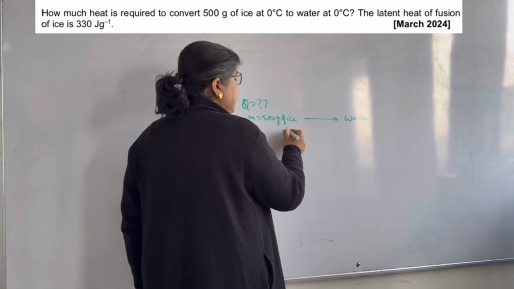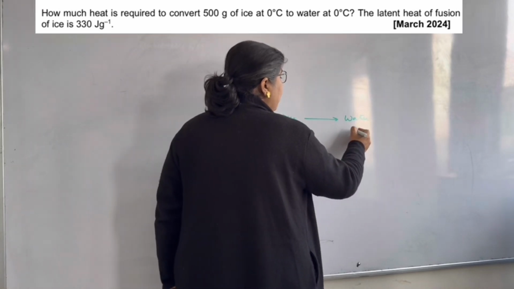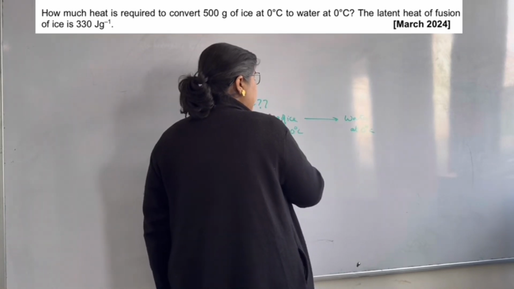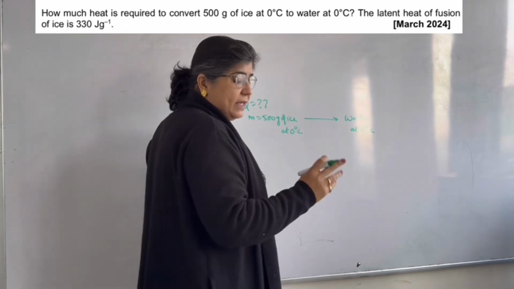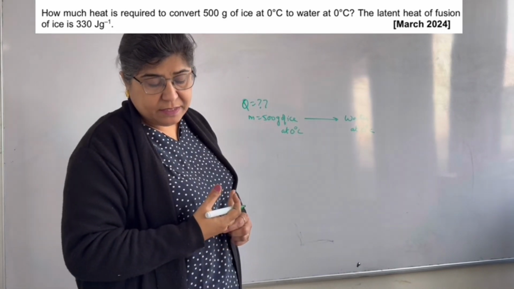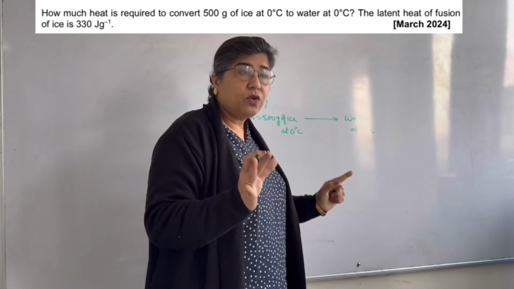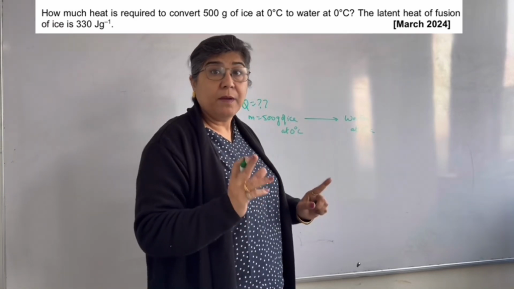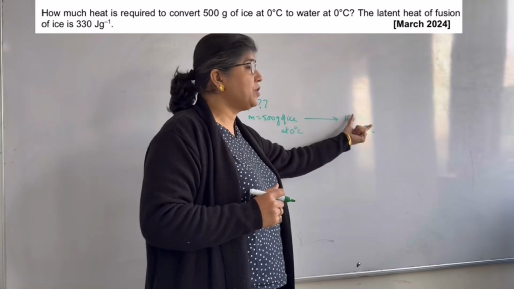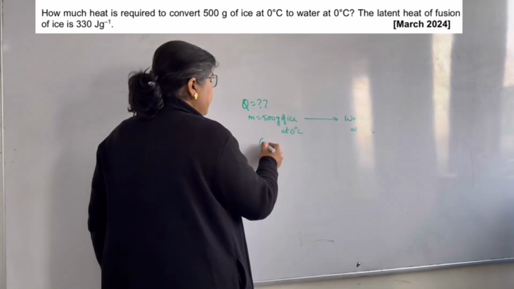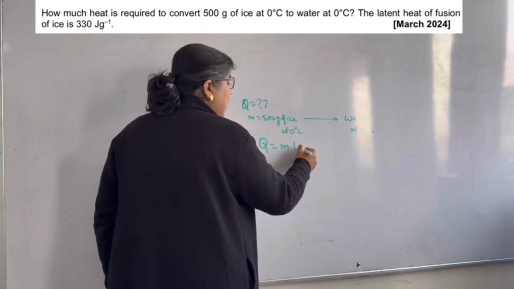Now ice is at 0 degree and water is also at 0 degree. You have to just convert ice at 0 degree to water at 0 degree. Is there a temperature change? No. So we cannot use ΔT, but there is only a state change. So which formula? Q is equal to mL.